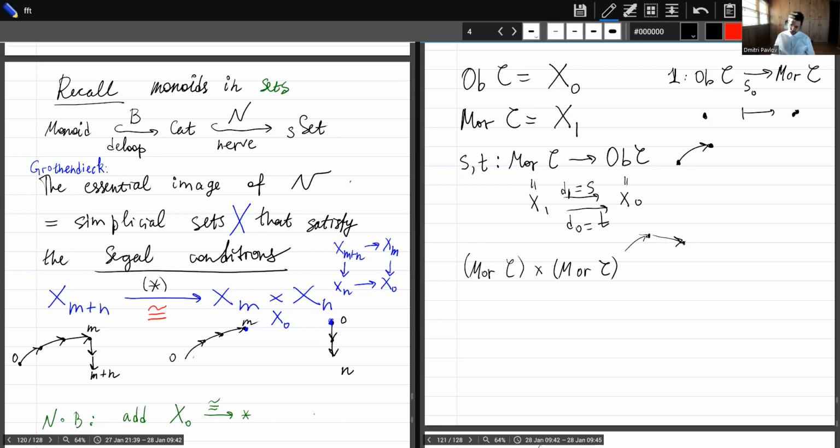The target of the first one has to match the source of the second one. So this, in fact, will be a fiber product over objects, and the two projection maps will be respectively the target map and the source map. Oh, sorry, I wrote it as composition from left to right. My apologies. It should really be the opposite order. And this should have a map to morphisms, which would be the composition.